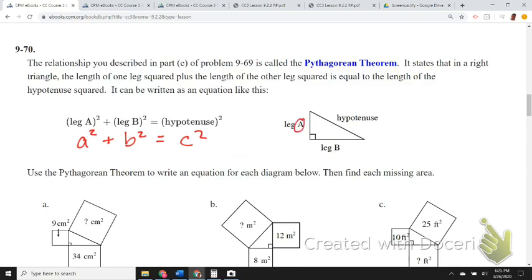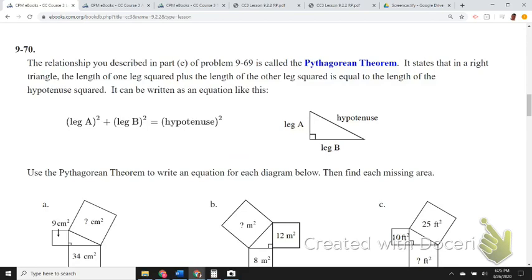A is the length of leg A, B is the length of leg B, and C is what we call the hypotenuse. For right now, CPM hasn't really referenced it that way, but that's just an FYI in case you see it elsewhere.